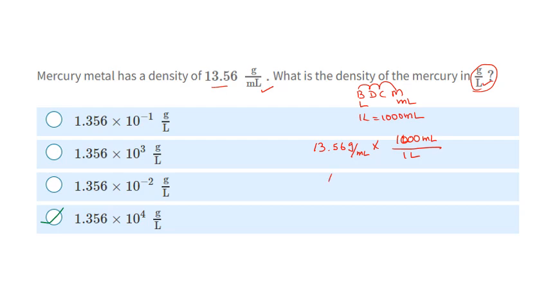So what happens? 13.56 milliliter and milliliter cancel. 13.56 times 1000 grams per liter. That means 13560 grams per liter. So do we have that answer like that? No, we don't have. So we had to change it to scientific notation.